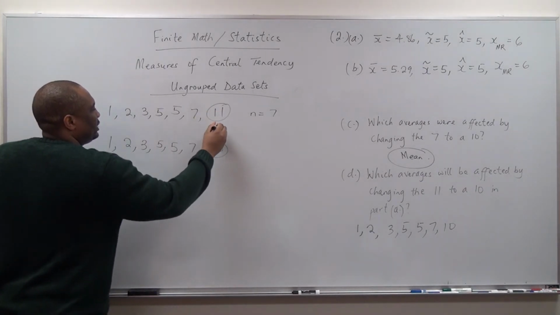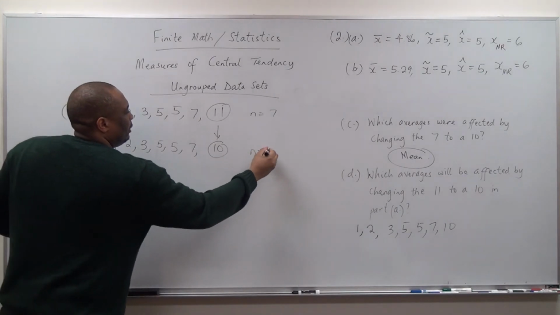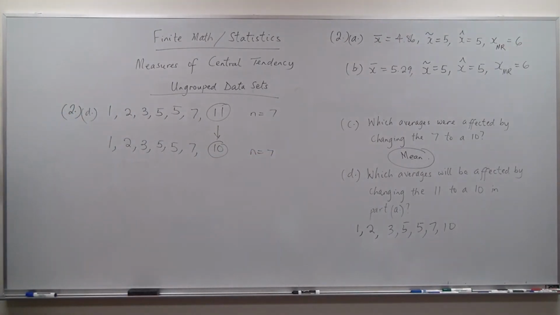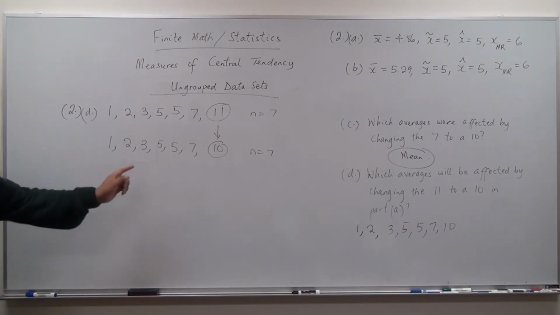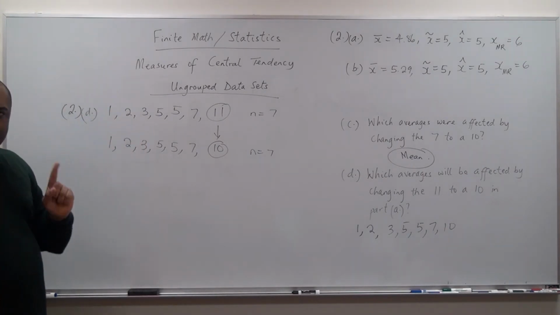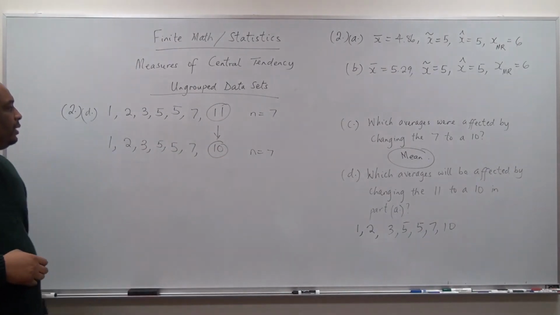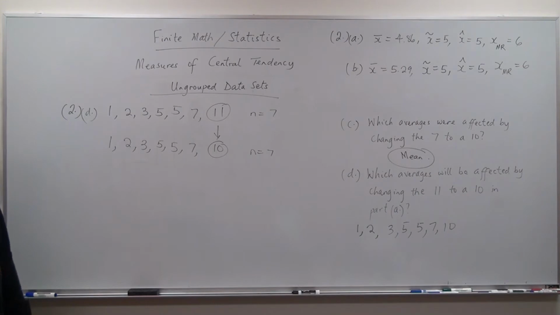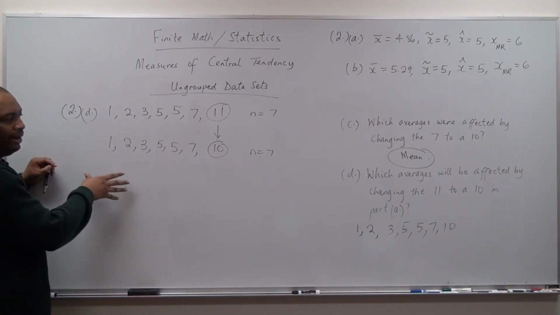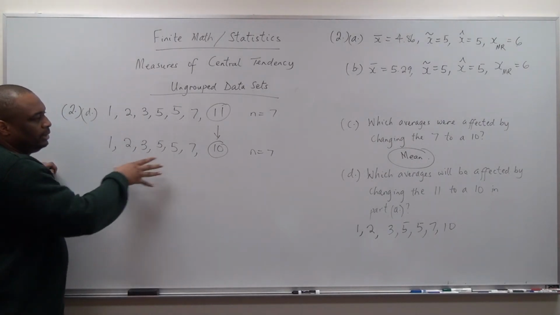The number of observations is still 7. So which averages do you think will be affected? Okay, first of all, the mean will be affected because we've actually reduced one value from here. So the mean actually will be affected, right? The median, this is still arranged in ascending order.